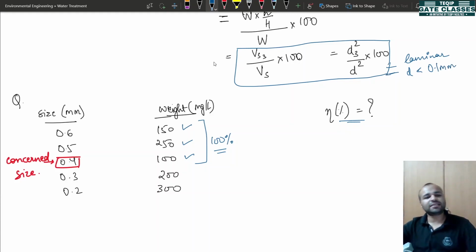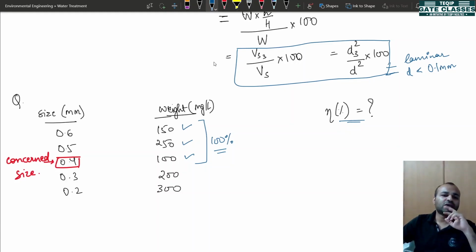If the dia is greater than 0.1 mm, then you can't apply this relation. You can't apply Stokes' law. In such a case, you have to barely assume certain values, and based upon that you can proceed with your calculation. The options will be given such that they will just check whether you are understanding the concept or not.